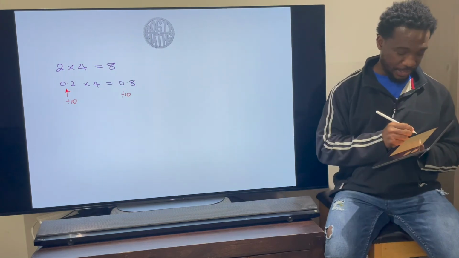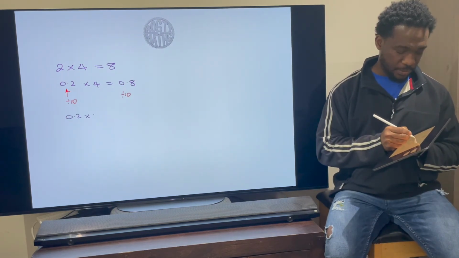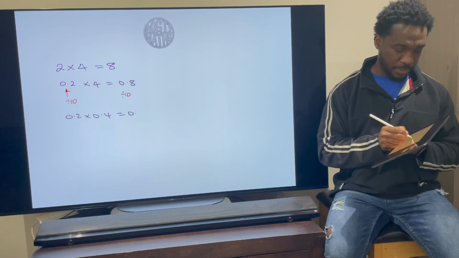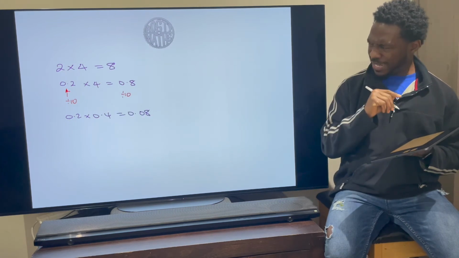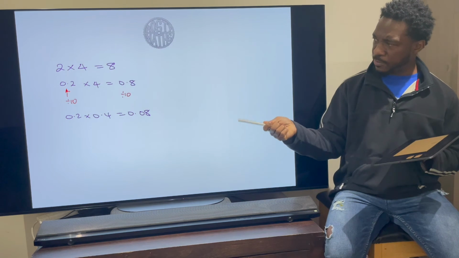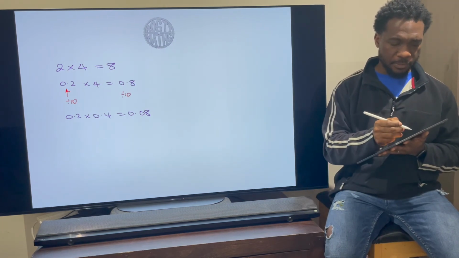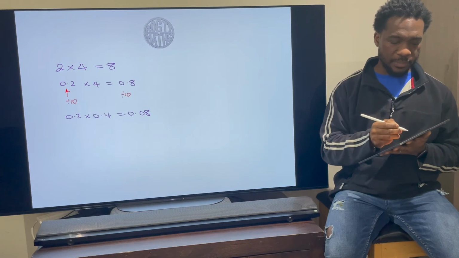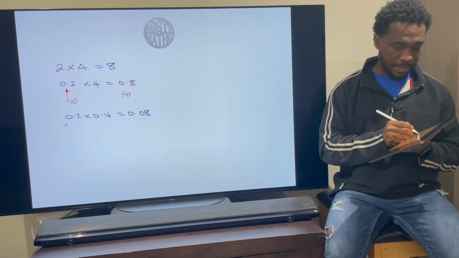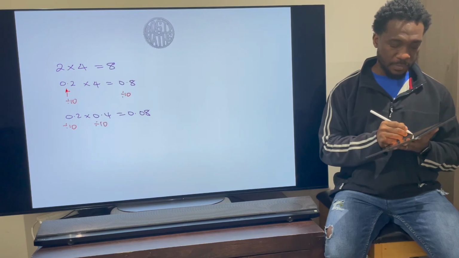Look at that. Okay, so I know that 0.2 times 0.4 has to be 0.08. Ooh, where did that come from? Well, you can see my 2, 4, and 8 is still there. So now, same routine. I have divided the 2 by 10, divided the 4 also by 10, which means I need to divide 8 by 10 2 times.